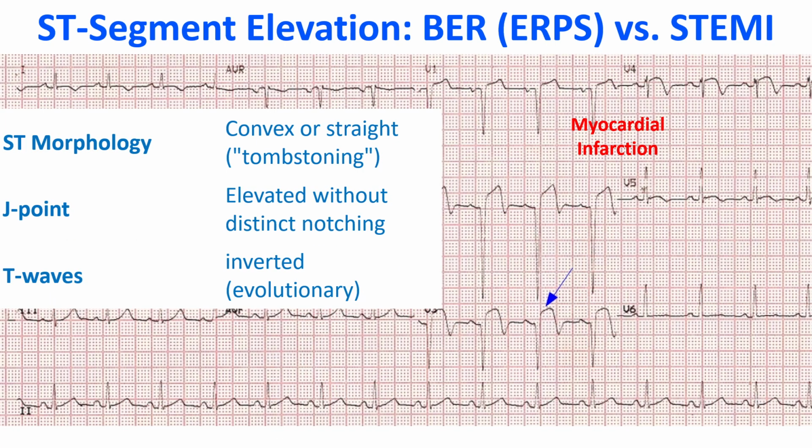This is an ST elevation myocardial infarction ECG. You can see the tombstoning pattern, which has been marked with a blue arrow, and J point elevated without distinct notching. And as an evolutionary change, you can see inverted T waves, because this is an evolved or partially evolved myocardial infarction rather than the hyperacute phase.